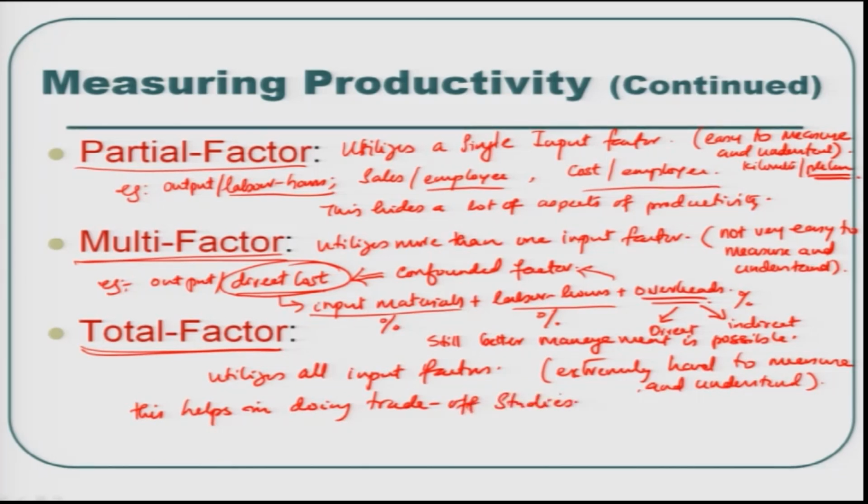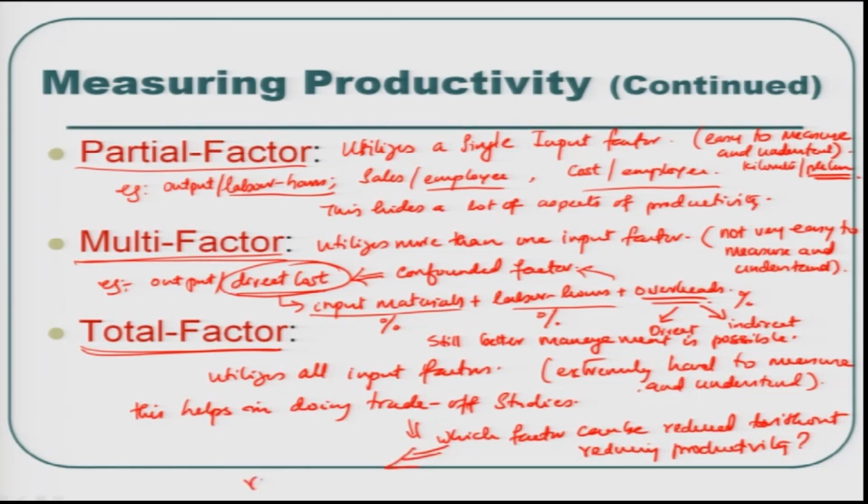Trade-off studies are important because this is where you can study which factor can be reduced without reducing productivity. This is one question that we always ask. If we can answer this, then you are on the road to sustainability. Okay. So from the manufacturing standpoint, we are more interested in the sustainability aspect.